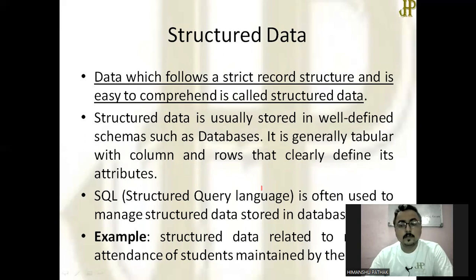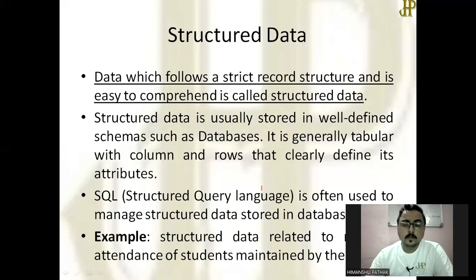For example, your MS Excel file. In your MS Excel file, data are arranged in rows and columns, which are very structured. You cannot go beyond that.